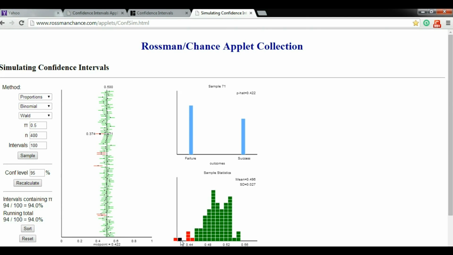But you notice that as our sample size increases, we're getting less variation. These black dots are getting less variation in them, and hence we're getting narrower and narrower intervals. So that's going to lead us into our next section about interpreting confidence intervals.